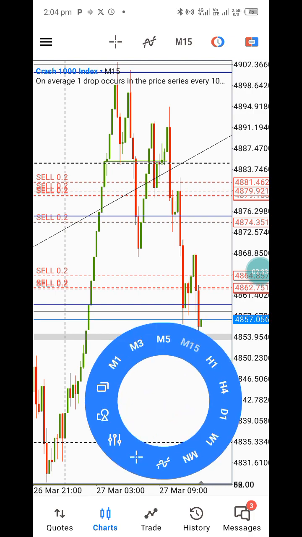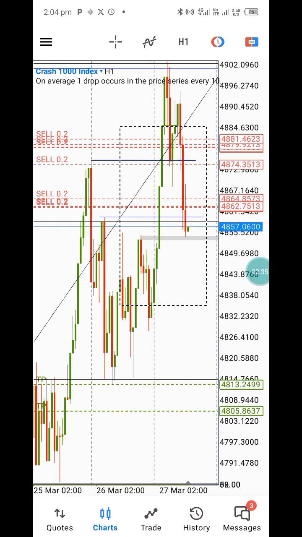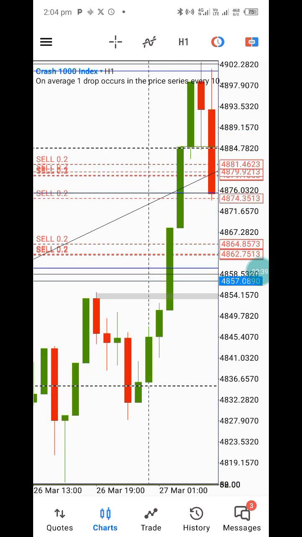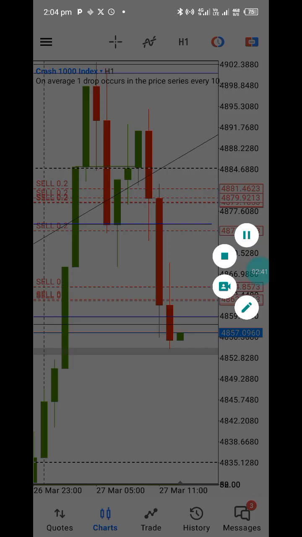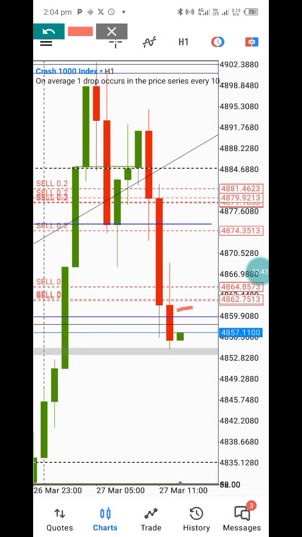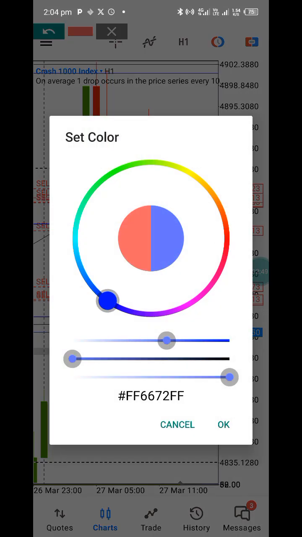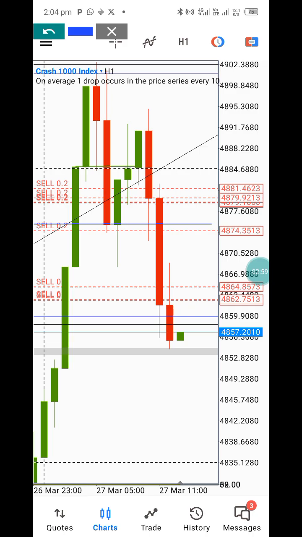Now let me go back to my 1 hour time frame. On my 1 hour time frame, this particular 1 hour candle, let me change the color. This particular candle is my 8 a.m. candle.